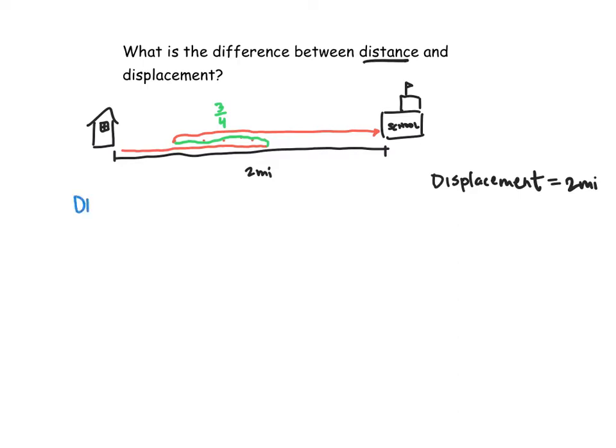Total distance traveled, well, I would need to know something here. Let's say we turned around at the halfway mark at 1 mile. Well, it would be the 1 mile I traveled while heading to the right, plus the absolute value. Now, we would consider this -3/4 with regard to distance because it's not traveling towards school. So we take the absolute value of that, and then we'd add the rest of the portion of the graph.